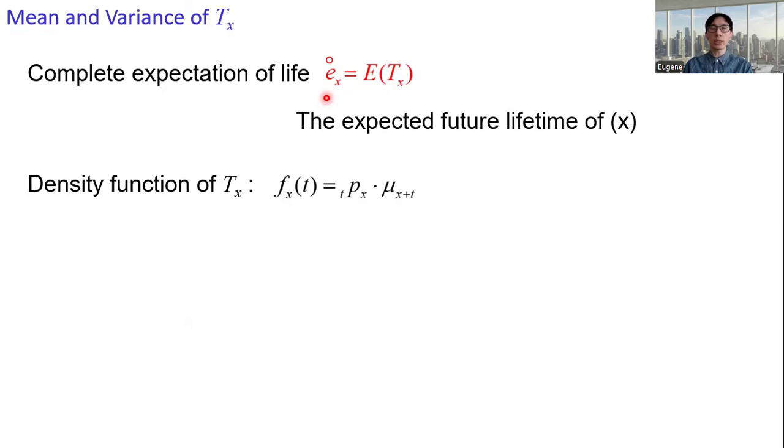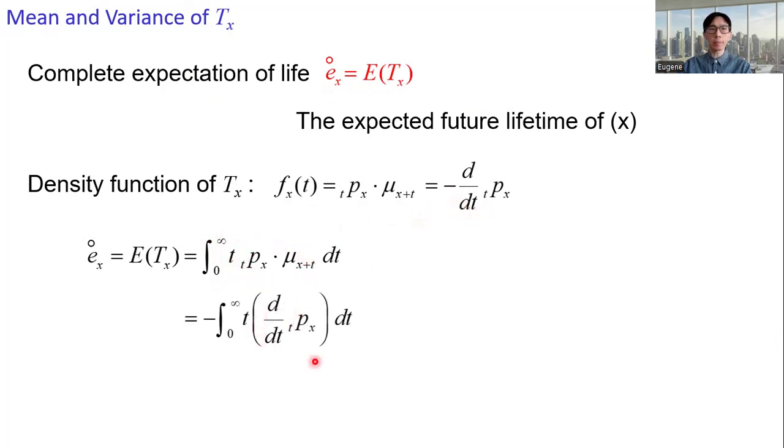The density function is tp_x times mu_{x+t}, or we can express this as the negative of d tp_x over dt. Therefore, the complete expectation of life equals the integral from t equals 0 to infinity of the random variable t times the density function, expressed as negative d/dt tp_x.